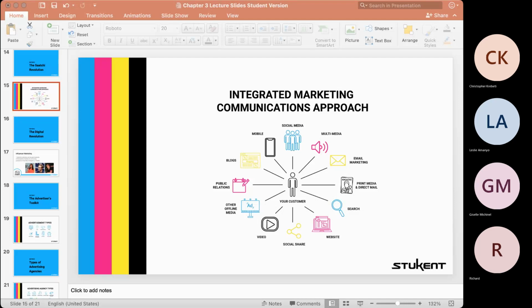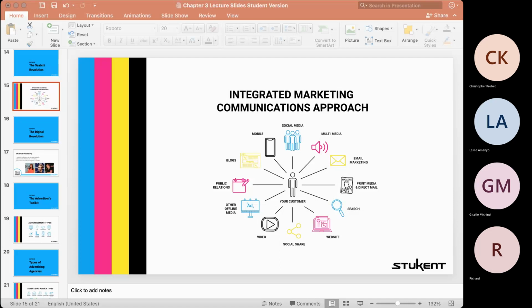So all communication channels being coordinated together to deliver a single brand image and message. Everything is talking about the same thing. A single brand image, and a message to maximize the impact of their brand's communication channels.